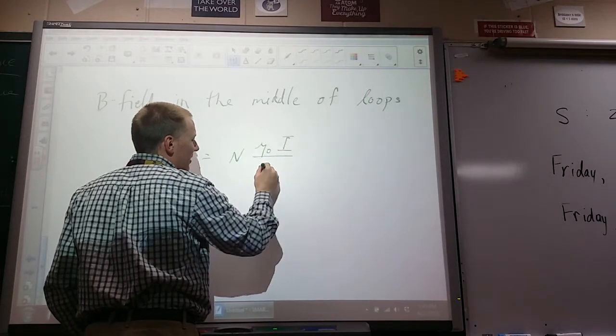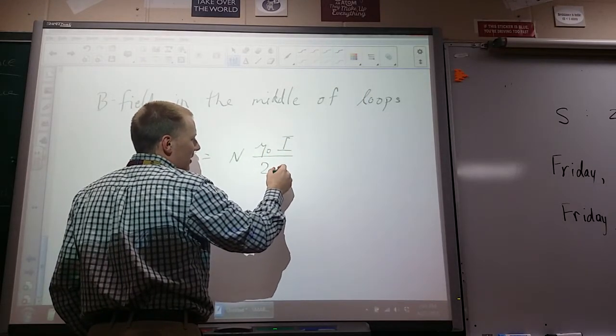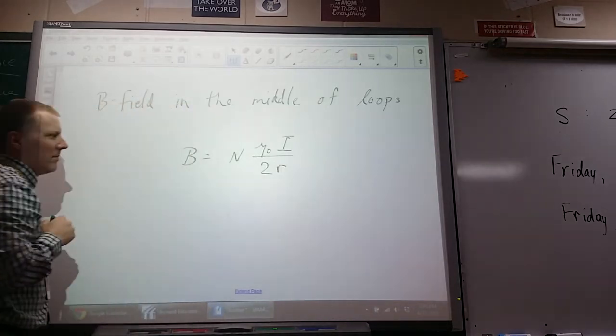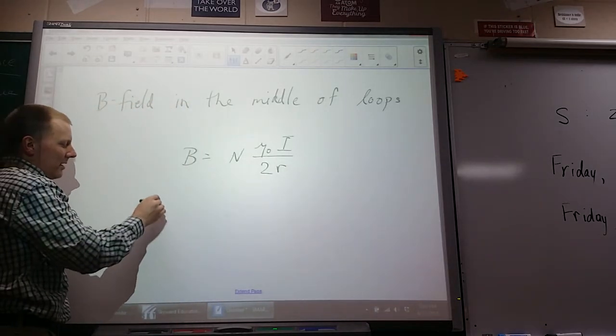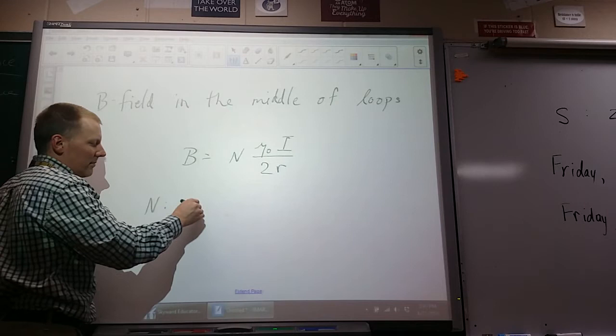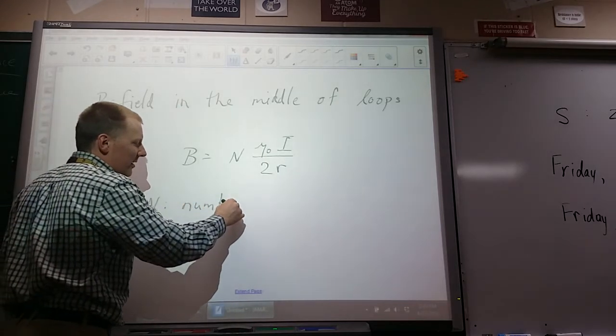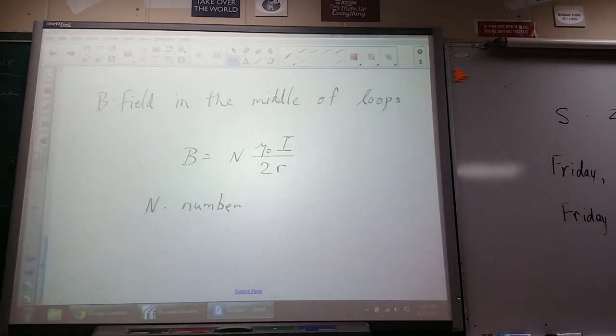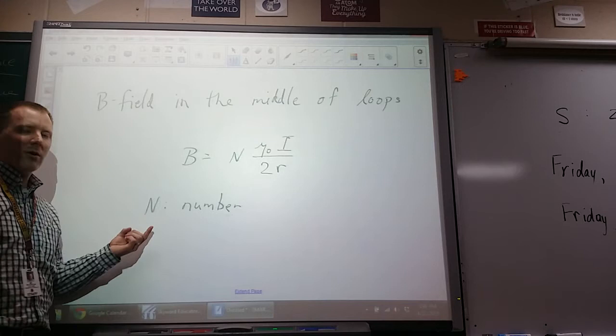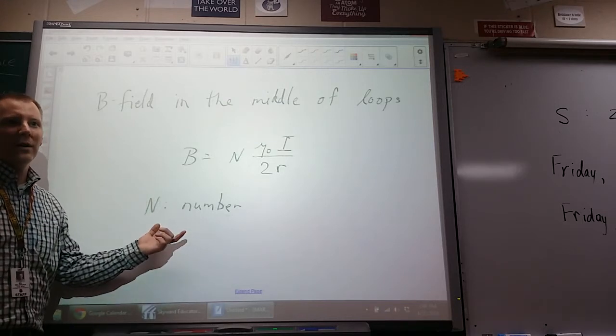And we would find this relationship. N here is the number of loops. We know this from our experiment when we were coiling it up around an iron core. The more loops we have, the stronger the magnetic field.